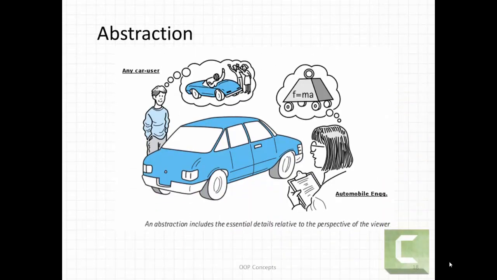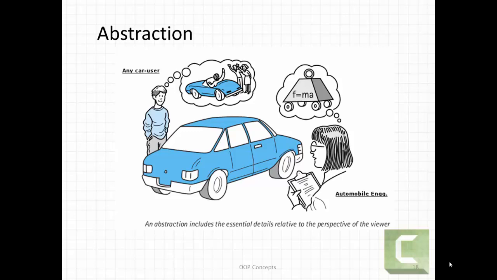Next concept is abstraction. If you see this example, a buyer or car user is not aware of the complexity inside a car, how the engine works. He just needs to use it. On the other side, the engineer knows how things are working inside.